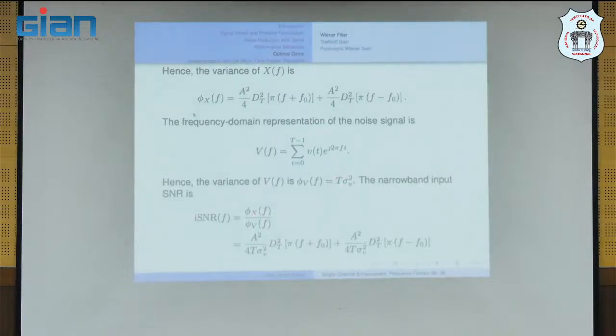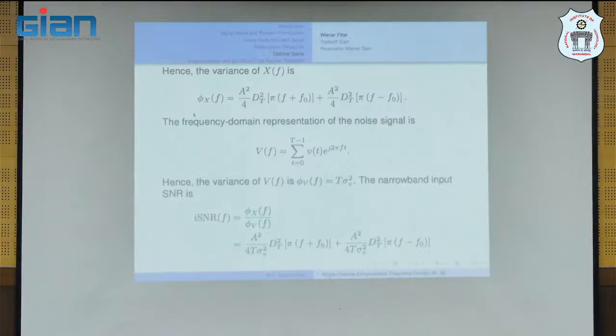So the input SNR is the ratio between the variance of x and the variance of v. So we get this expression, which is a multiplication with a certain constant of the Dirichlet kernel that is centered around minus f0 and plus f0.